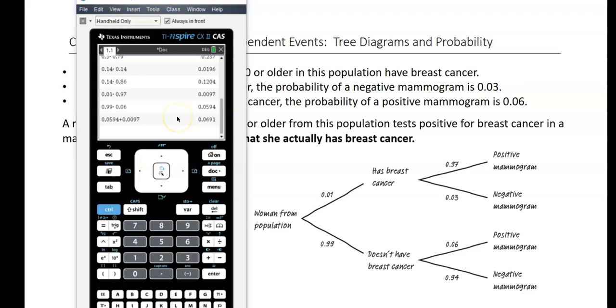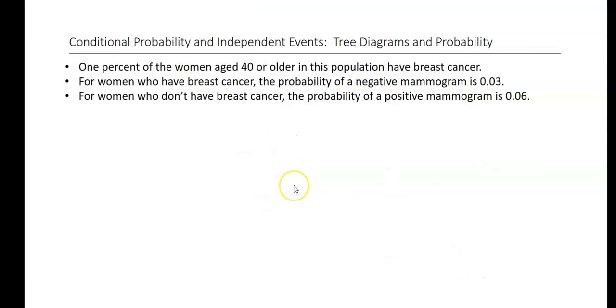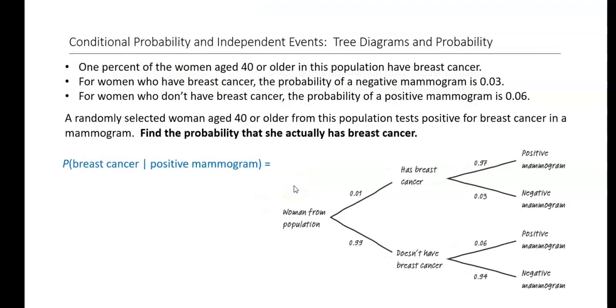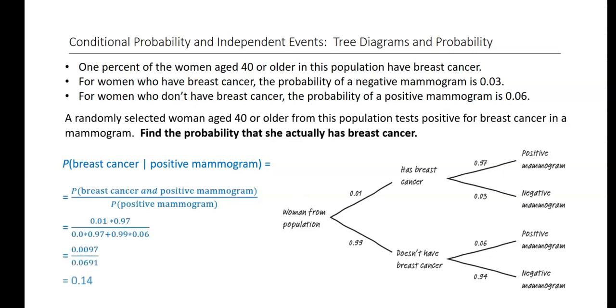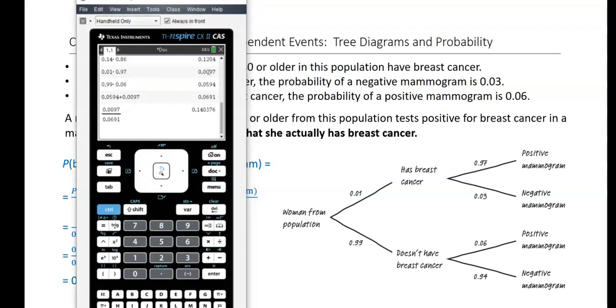So we're going to take that number as our numerator, divided by everybody who's tested positive, and it should be 0.14036. Let's see what happens if they do it. I haven't looked. 0.14, is that what we got? Yeah.